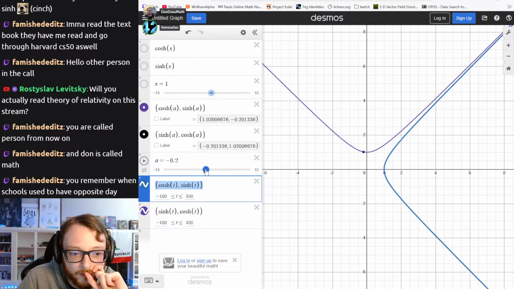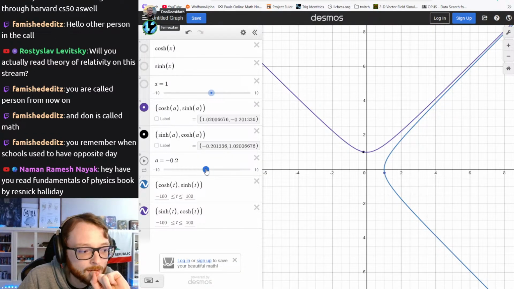Yeah, so right, the point you've got on the screen right now, if you imagine the clock running forwards a little bit as tau increases, I don't know if this is the acceleration. It's moving right, yeah, and the one on the bottom hyperbola is moving up.